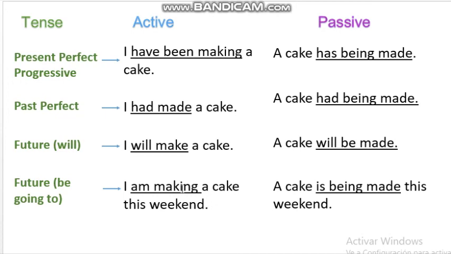So that is a future form. Besides, it is in present progressive, but it has a meaning of future. I am making a cake this weekend. So, a cake is being made this weekend. By me could be added if you want.